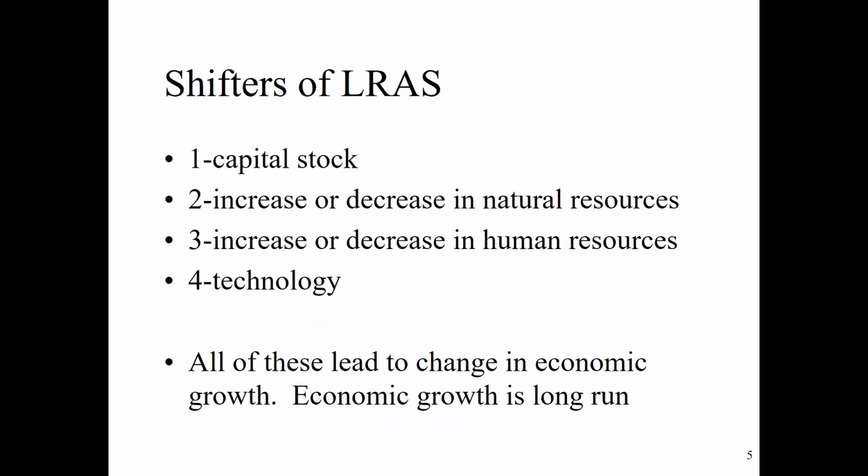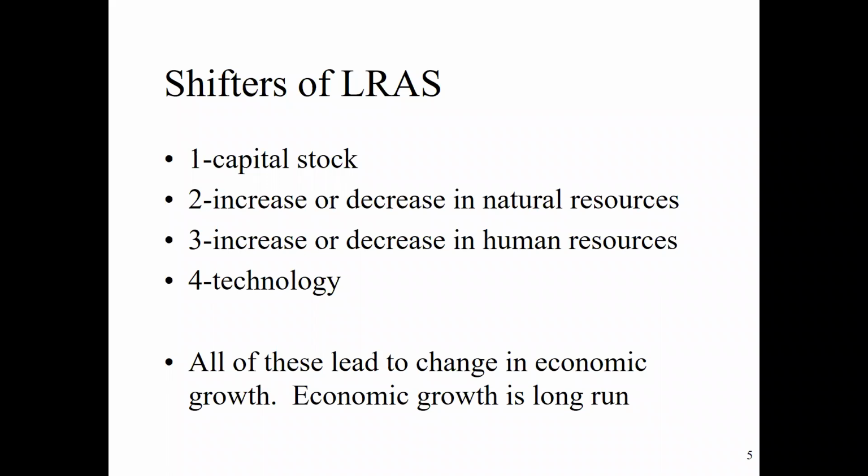All right, shifters of LRAS. One, capital stock. What do I mean by capital stock? That's machines, factories, things that make things. Then, of course, an increase or decrease in natural resources, an increase or decrease in human resources, and technology.